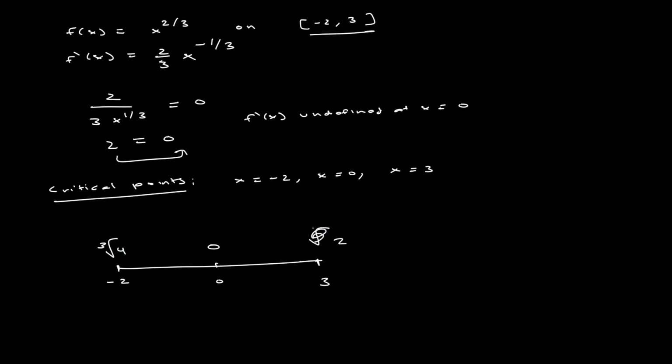And then we need to see if these points are minimums or not. The way that we gauge that is we have to look at how their derivative is changing. So we have a number line that shows how x is changing, and now we build a number line of how f prime is changing at those points. So at -2, at 0, and at 3.